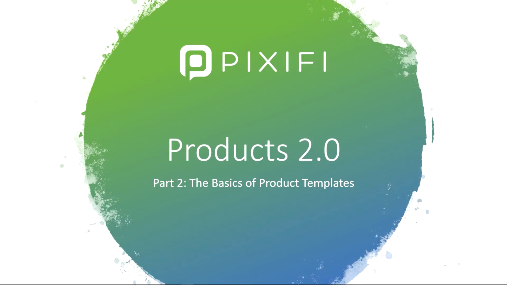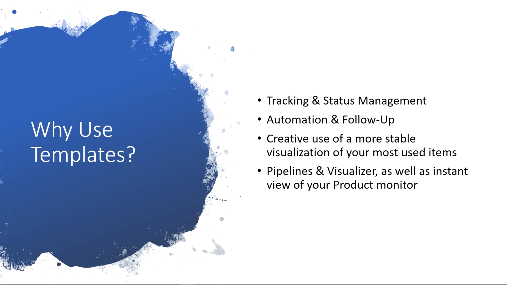We're in part 2, the basics of product templates, and I want to move forward by asking the question: why should you use product templates and their automation elements? First of all, think of it in another way. If you go to create an invoice and you're creating it by hand, typing in everything on the invoice item lines one at a time, this is $100, this is $250, whatever it is that you're ordering.